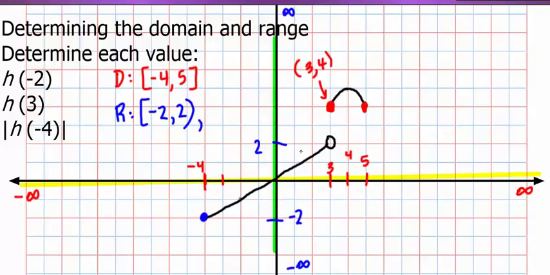Now there's another portion that starts at y equals 4, and it goes as high as y equals 5. And those are brackets. So our range has 2 intervals, negative 2 to positive 2, and 4 to 5. The brackets and the parentheses are very, very important here.